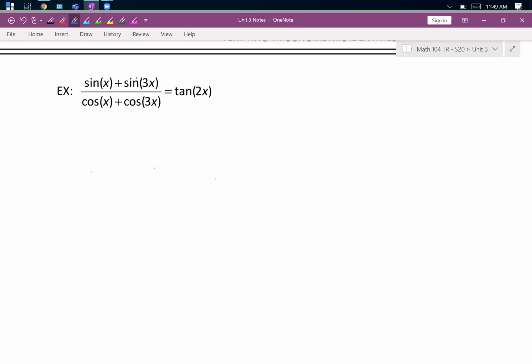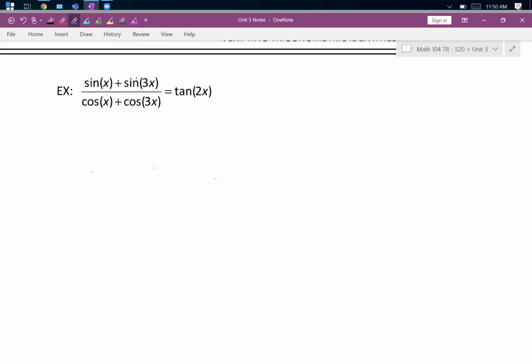A single term just means that it's not separated by addition or subtraction.